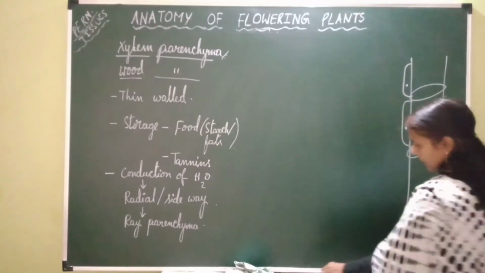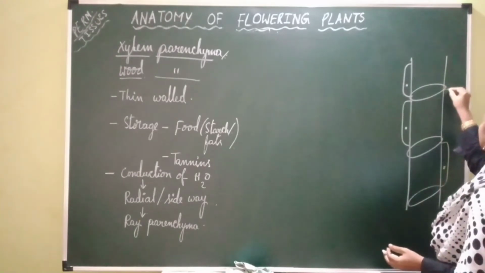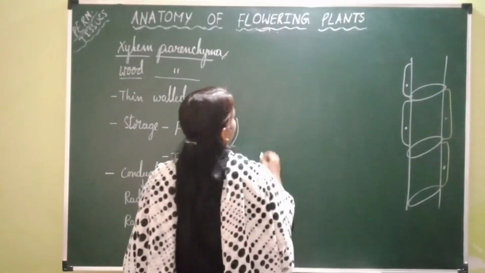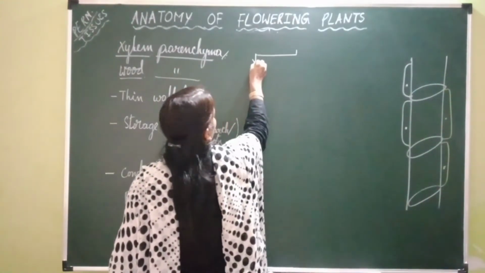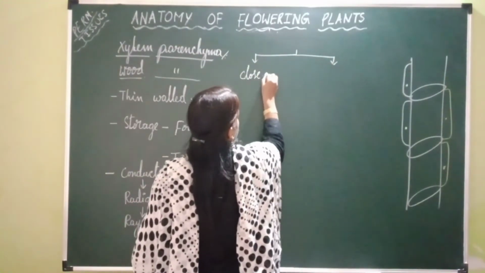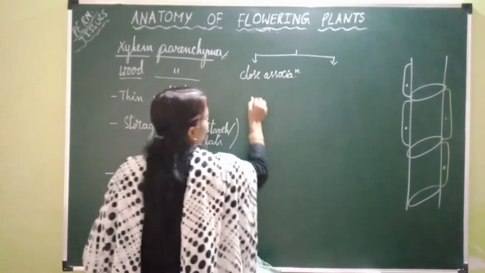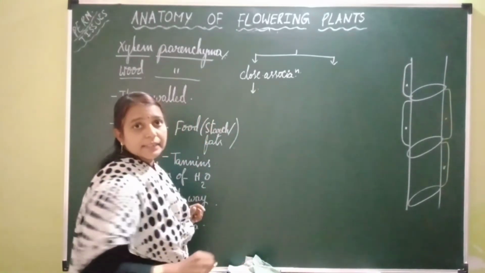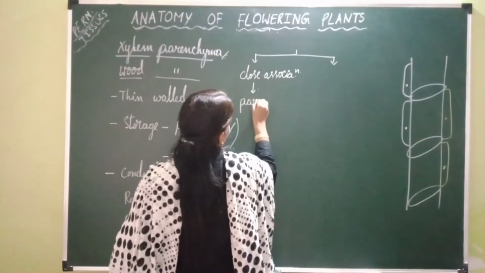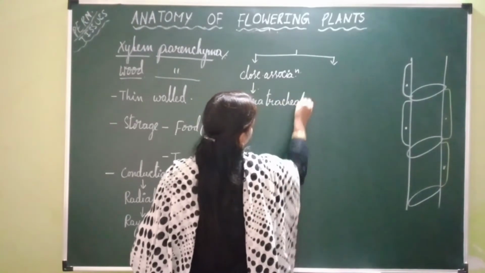If there is close association of xylem parenchyma cells with the xylem vessel, that type of xylem parenchyma is called paratracheal xylem parenchyma.